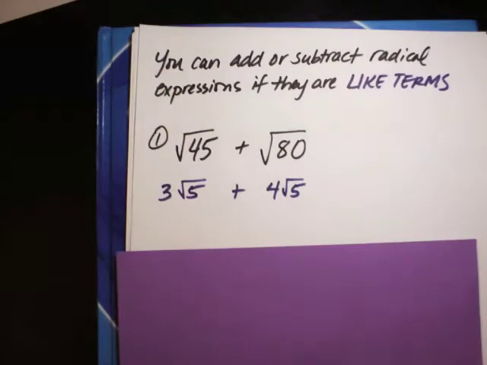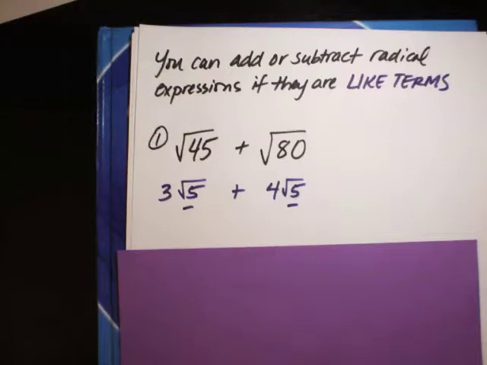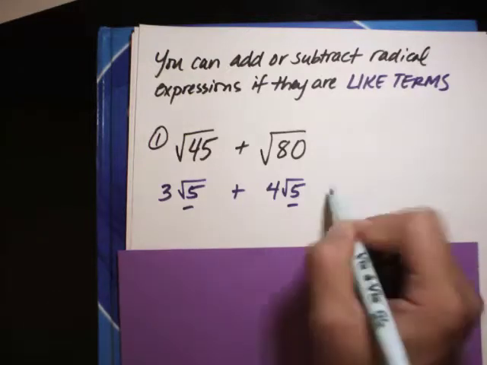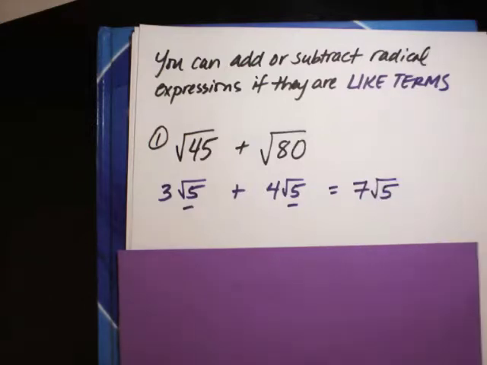You would treat it just like you would a denominator. It stays the same. So when we combine, you're combining the outside values. So this will be 7 radical 5. Your radicands stay the same. You just add or subtract the numbers on the outside.